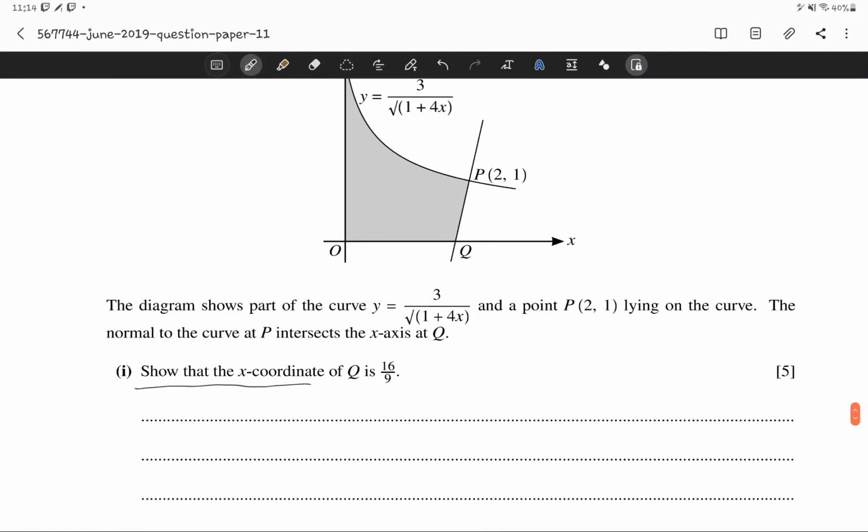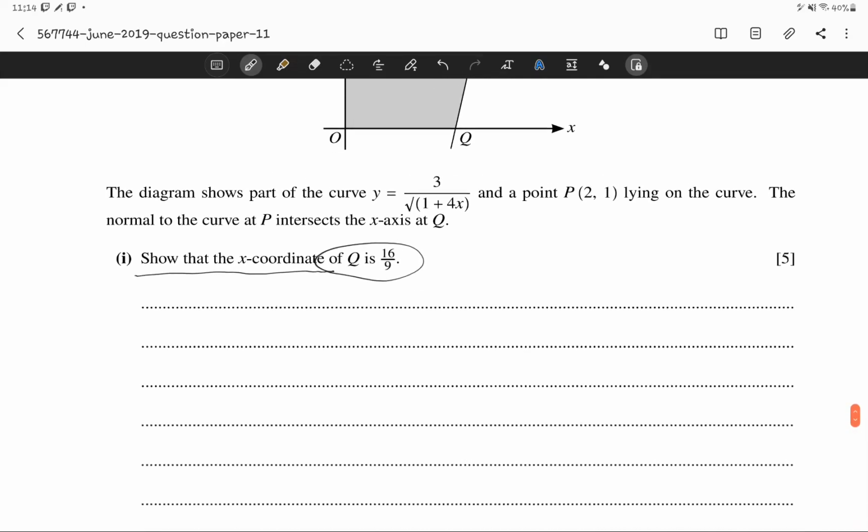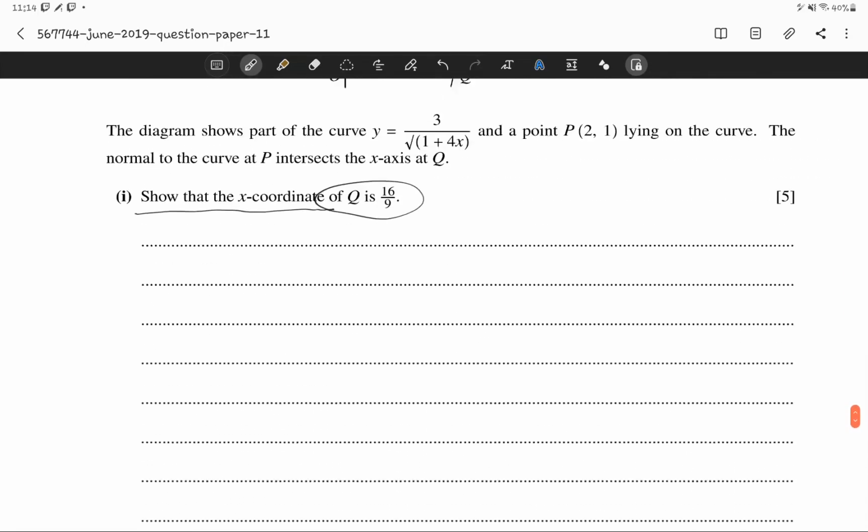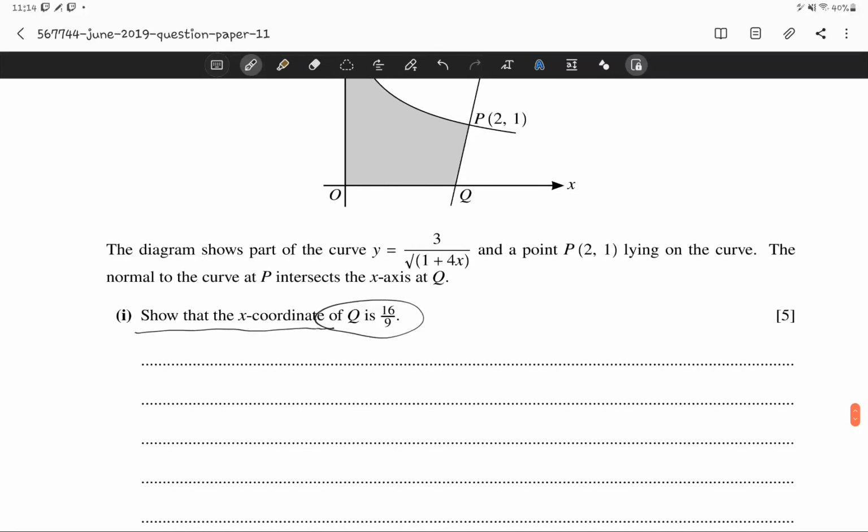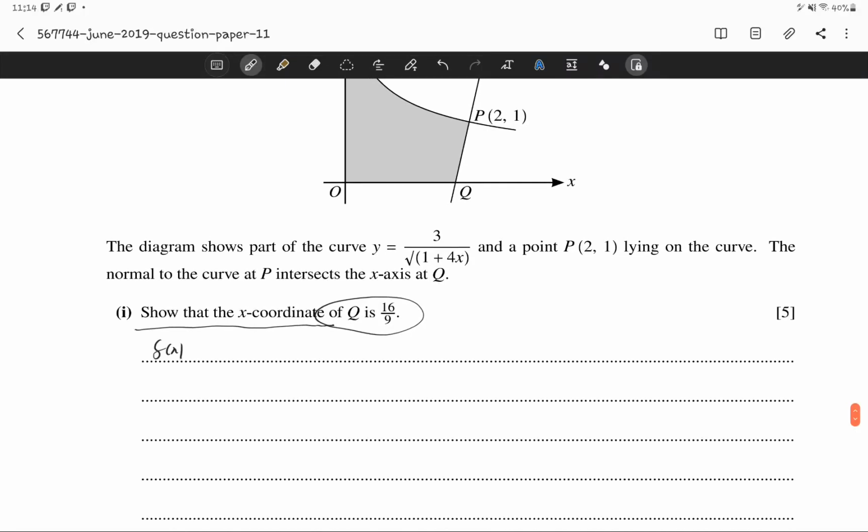Show that the x-coordinate of Q is this. Okay. Let's just do something a bit cheating. Let's just say f(x) equals 3 over root 1 plus 4x.